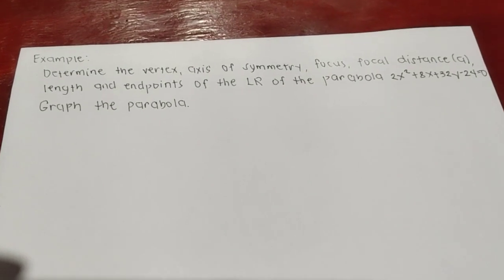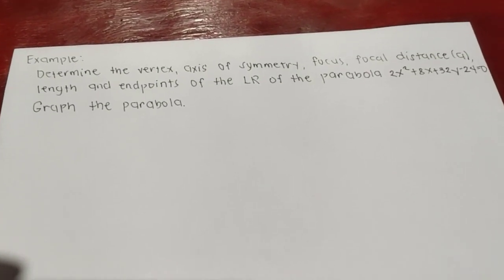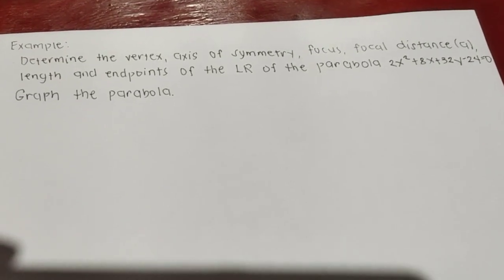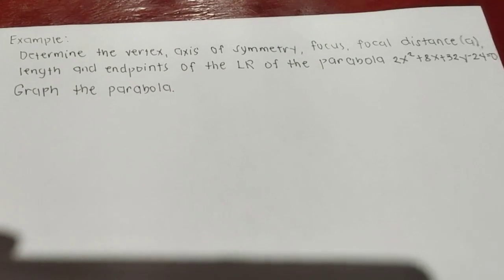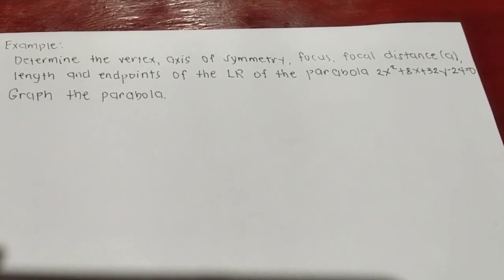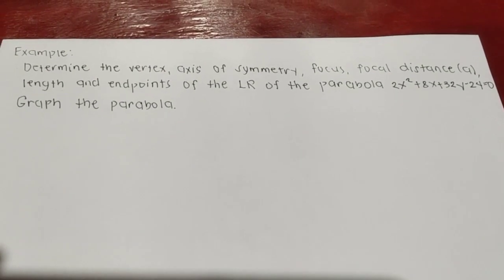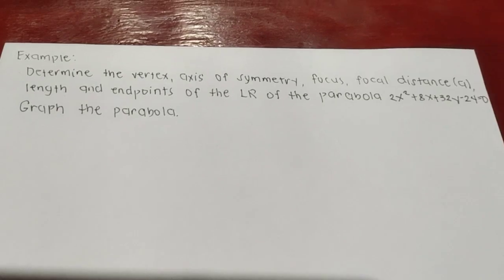For our last example, determine the vertex, axis of symmetry, focus, focal distance a, length and endpoints of the latus rectum of the parabola 2x squared plus 8x plus 32y minus 24 is equal to 0. Then graph the parabola.